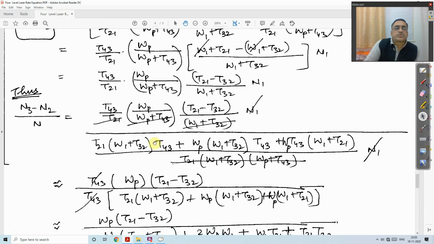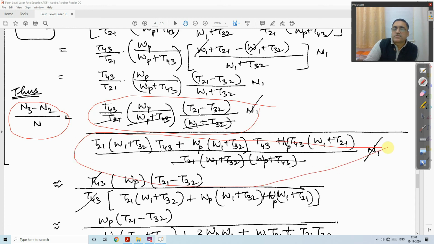Thus, on substituting for the effective fractional population inversion, let us write the N2 by N1 term and the total N term here. And we see that N1 cancels out and the rest few terms of the denominator also cancel out. This cancels out, this cancels out.